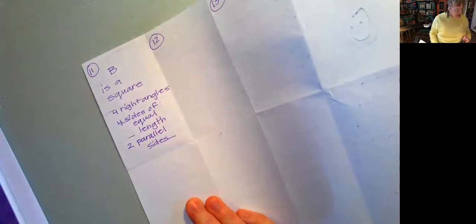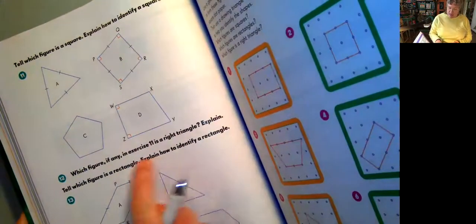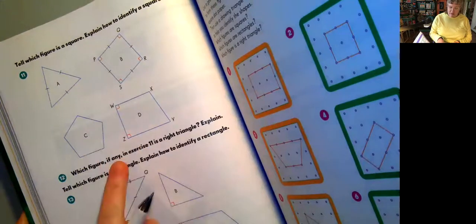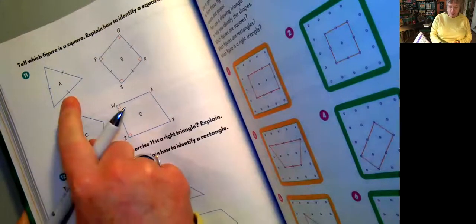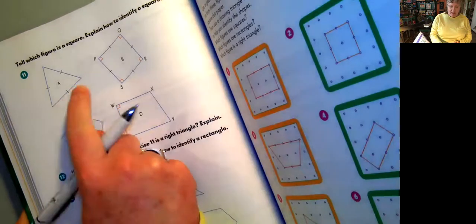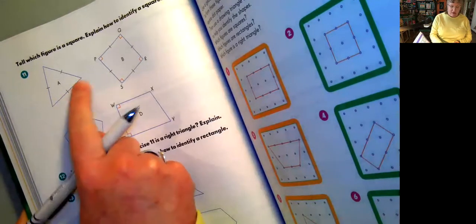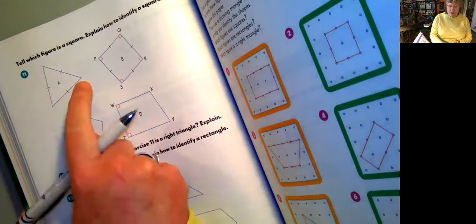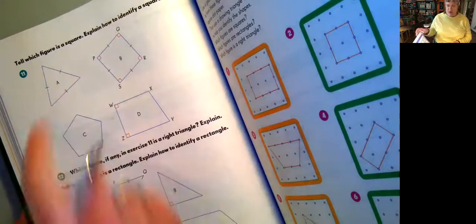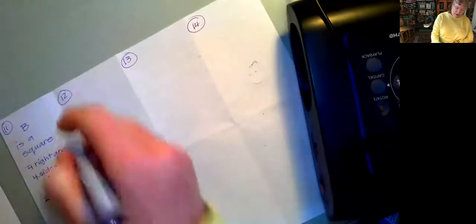Number 12 says, which figure, if any, in exercise 11 is a right triangle? So are you seeing any right triangles? I see one triangle. And remember we said in the last lesson, in order for it to be a right triangle, it has to have a right angle. And I see no pink squares. So I do not think that there are any right triangles.